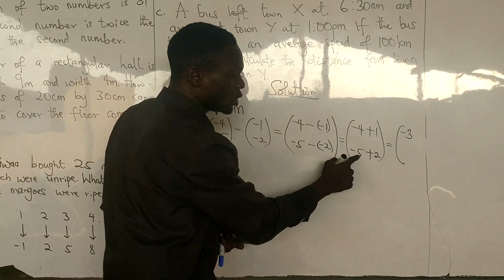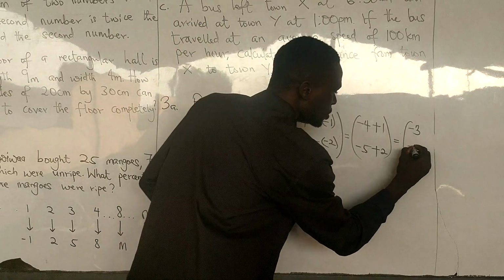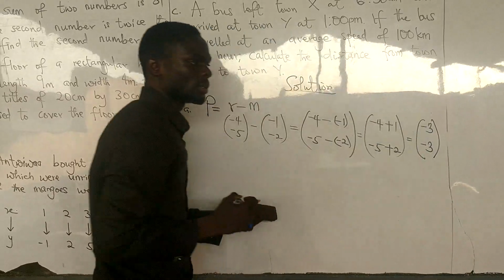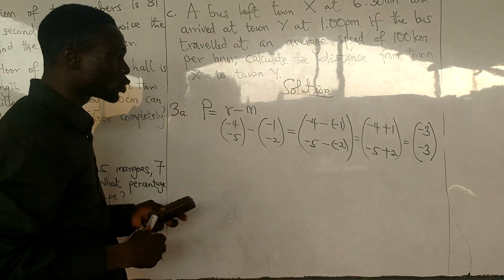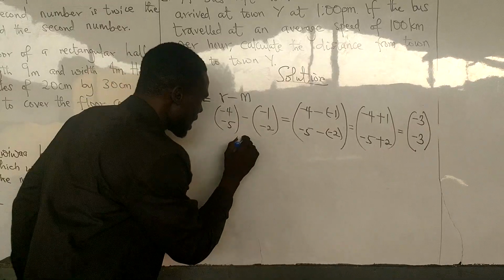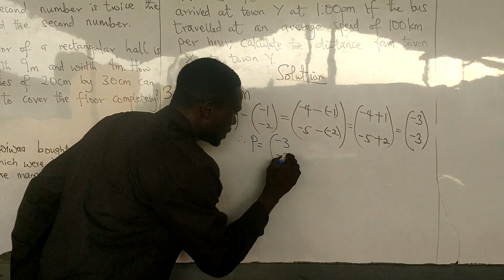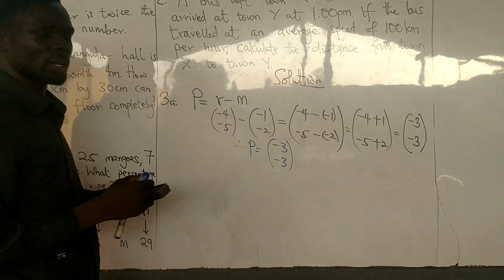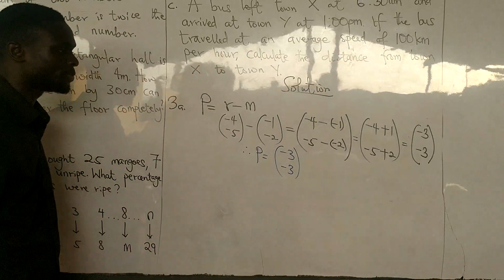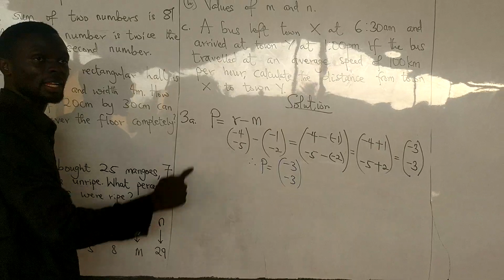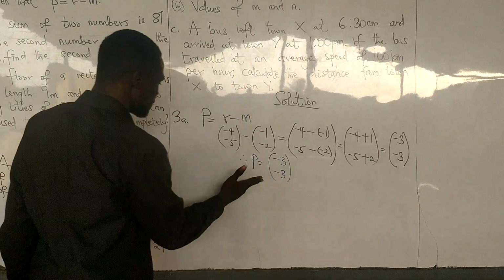Also, you owe 5, you have 2. If you pay, you have negative 3. So we can therefore conclude that p is equal to negative 3, negative 3. So we've been able to find the value of p.